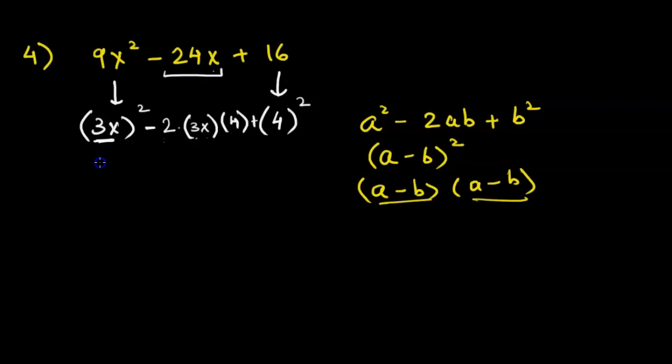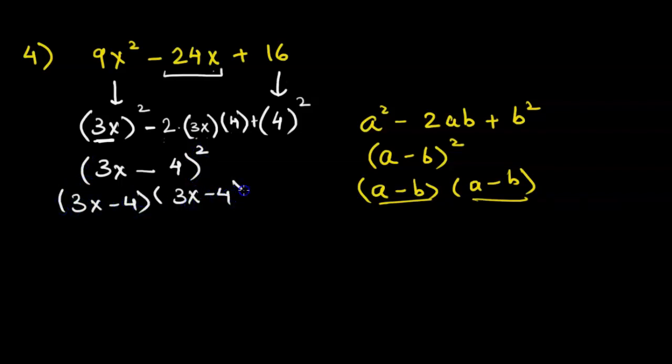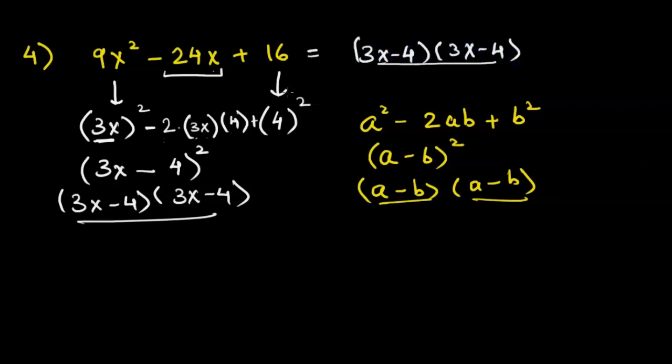Therefore, we can write this as 3x minus 4 whole square or 3x minus 4 times 3x minus 4 in simplified terms. So the answer for this trinomial is going to be 3x minus 4 times 3x minus 4. And this is how we factor a trinomial that is a perfect square.